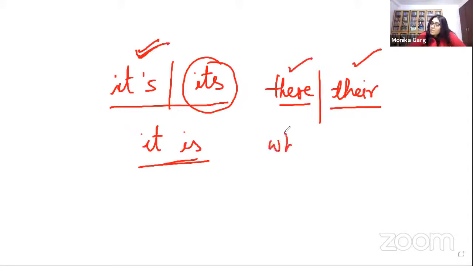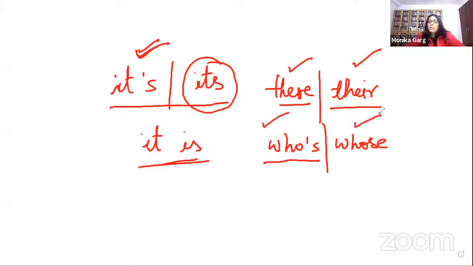Then maybe you have to choose between this whose and this whose. Again, if you need to say who is, this is the correct usage. If you need to say who it belongs to, then it is this usage. So it's very simple questions, but yes, you need to be very, very careful while answering them.